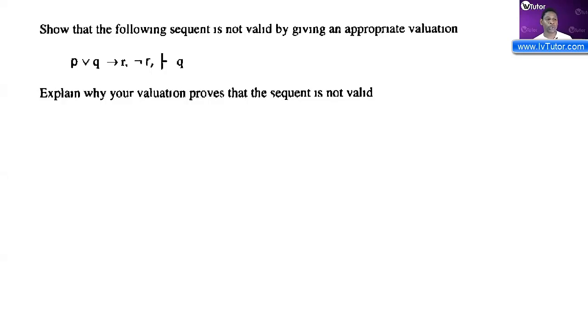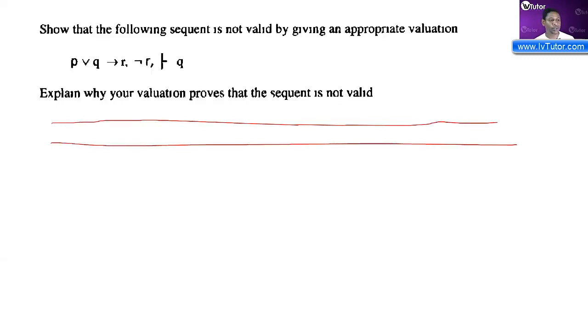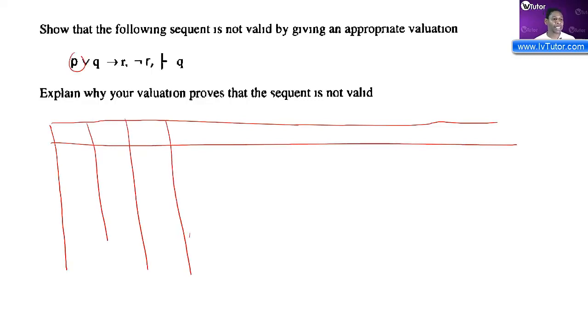So I hope you haven't forgotten how to draw your truth tables. For this one, I'll go through it with you so that we can catch up. So firstly, we want to put our premises in. What are our atomic sentences? Atomic sentences are true or false statements.